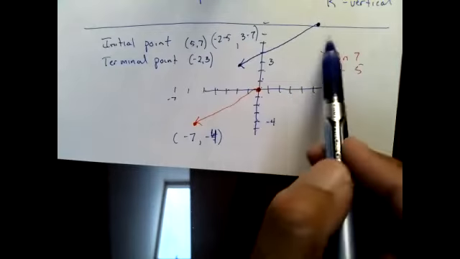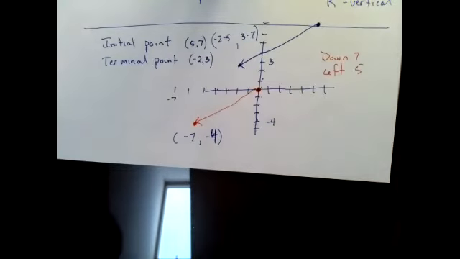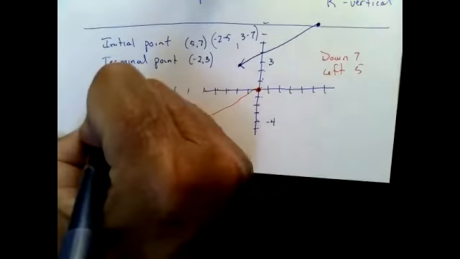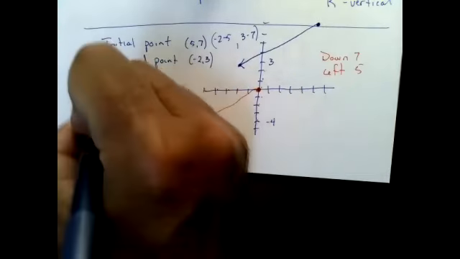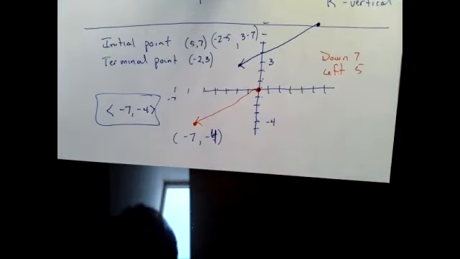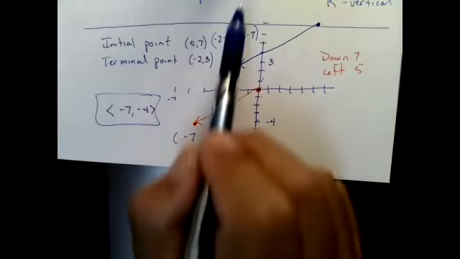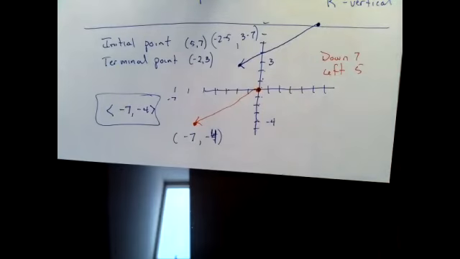To me, it's a little easier to draw and count instead of trying to remember exactly what that is. Now this guy is the positional vector, -7, -4, and I can describe it just that way instead of with 2 points. Does that help? Yep, thank you. Cool.